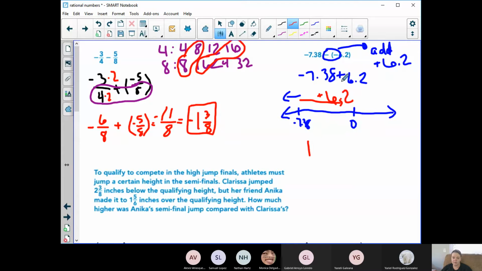No, I'm not going to do an absolute value. Sorry. So I'm going to ignore this negative for a second, and I'm going to subtract just the two numbers. Minus 6.2.